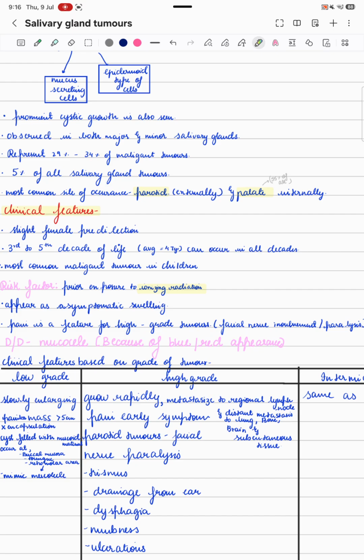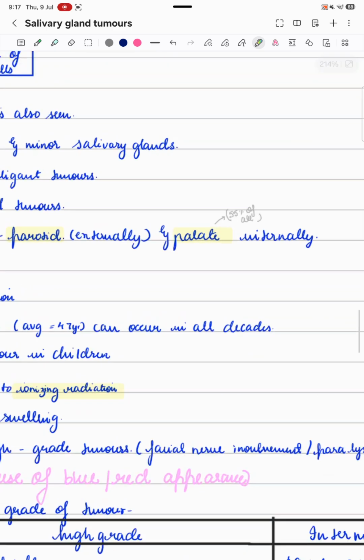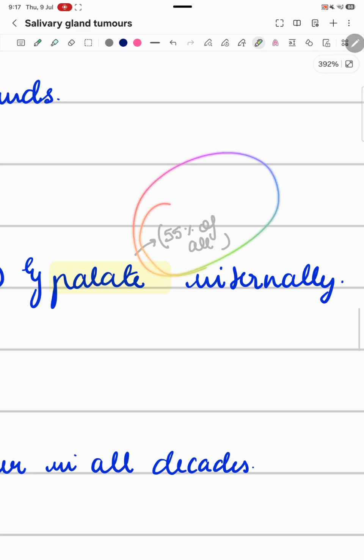I wouldn't say it's very high, but yes, it is a highly occurring tumor. Now the most affected site is your parotid, and internally the palate. In the palate it is 55% of all.